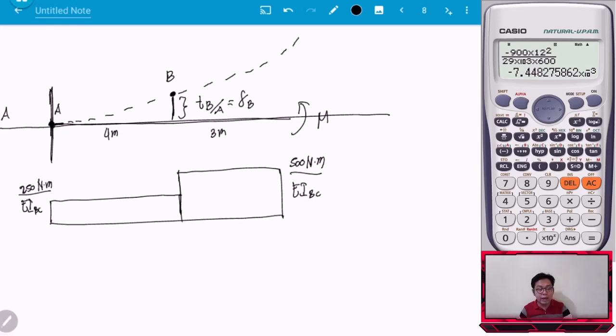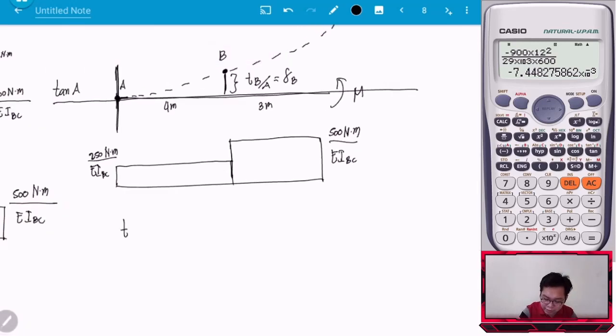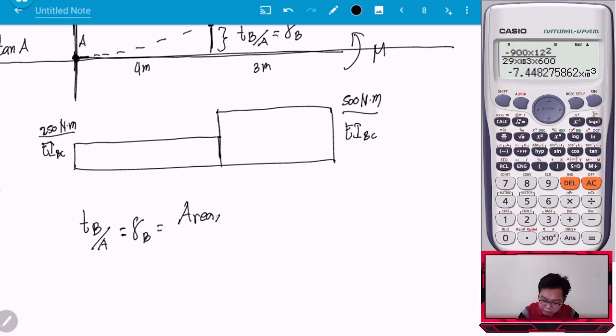Now, naalala nyo pa yung formula? Ano yung formula sa t_B/A, the deviation of B with respect to A, which so happens to be equal to the deflection at B? Okay? So, that is just the area from A to B. But, asan natin i-refer? Di ba meron niyang additional na location ng centroid?